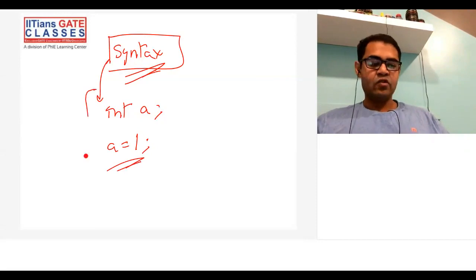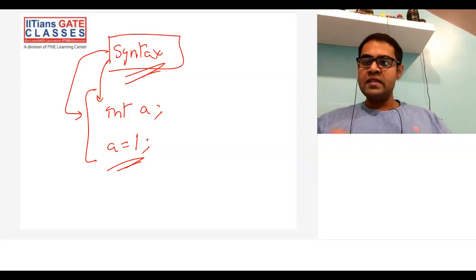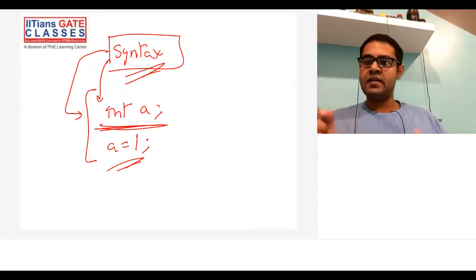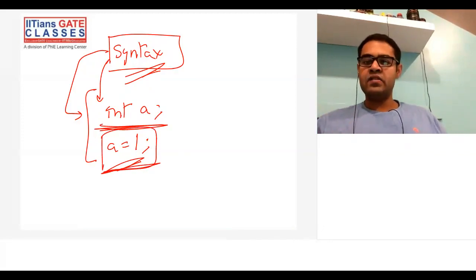These two statements are done. Now when you do syntax analysis, it will only check the structure of the statement, int a semicolon. So it will pass. This structure is correct. And it will independently check the next statement.